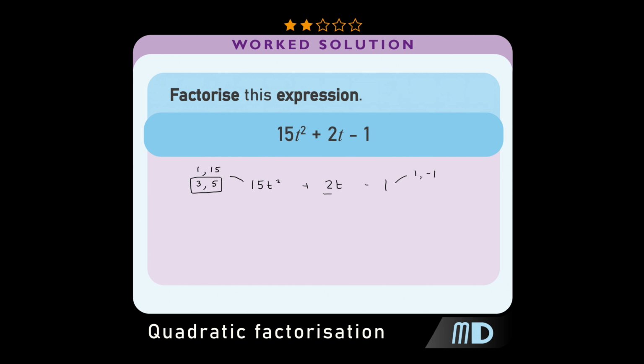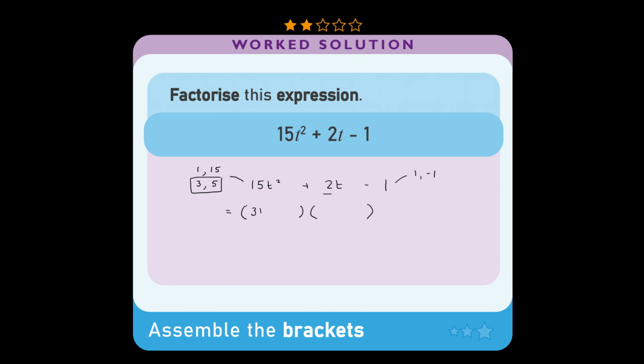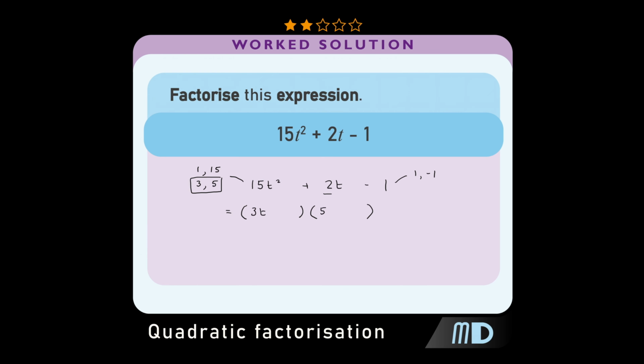Arranging these values into two brackets with a 3t term in the first and a 5t term in the second, we need to arrange 1 and minus 1 such that when we expand the expression, the middle term is 2t.